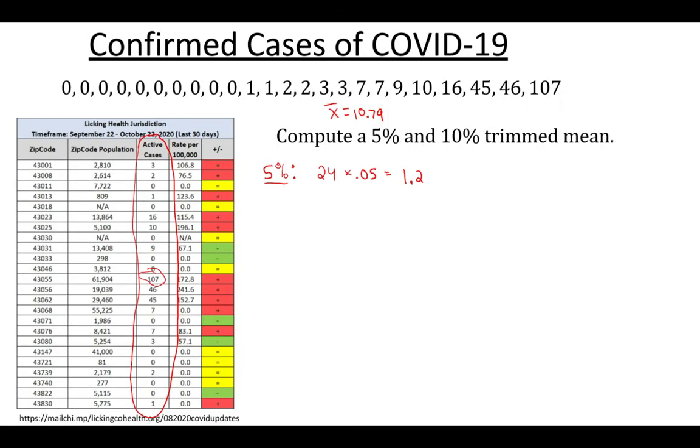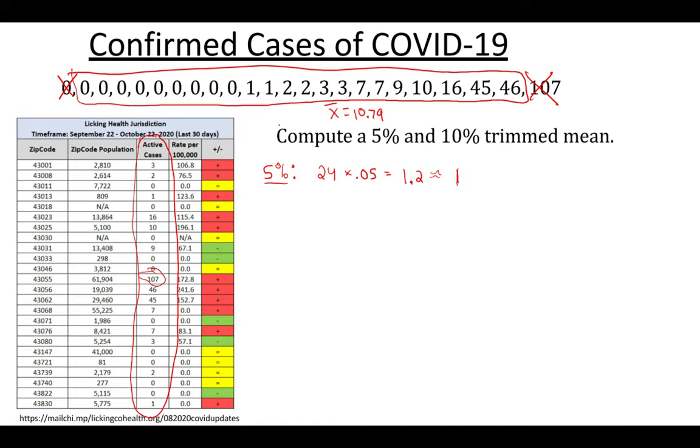So that's approximately 1, which means we're going to trim 1 off the top and trim 1 off the bottom. So we're going to X the biggest one off and X the smallest one off. And then we're just going to compute the mean of all of this leftover data here.